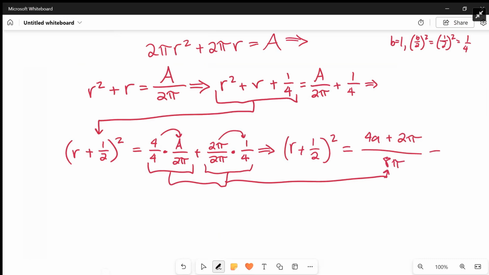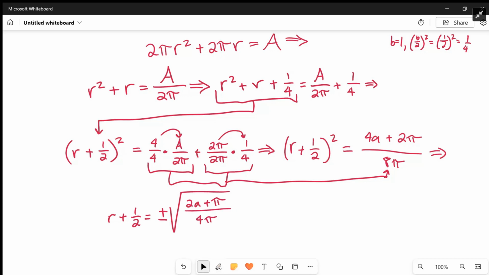Great. Now I'm going to reduce this, and I'm going to take the square root in one step because I know this video should be as close to being within 5 minutes as possible, so I'm going a little bit quickly here. I'm taking the square root of the left side and the right side. That leaves me r plus 1/2 is equal to plus or minus the square root of our reduced side. I'm just dividing a 2 out of each of the terms on the right side of the equation.